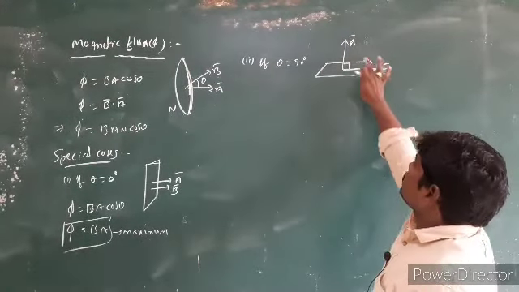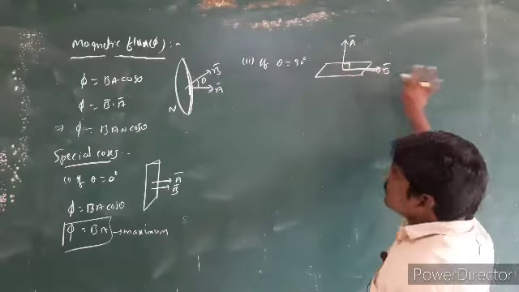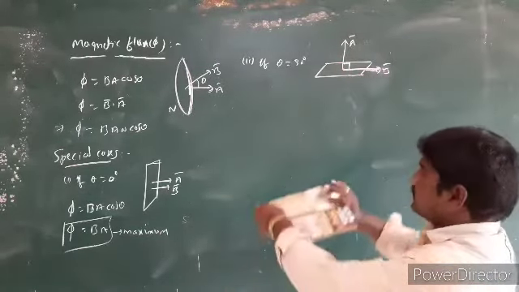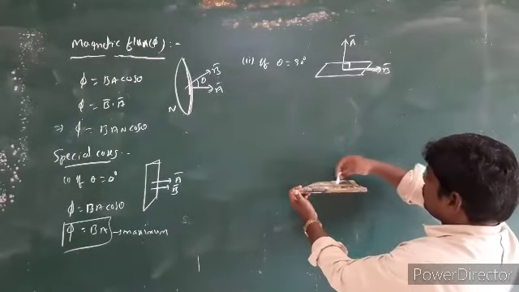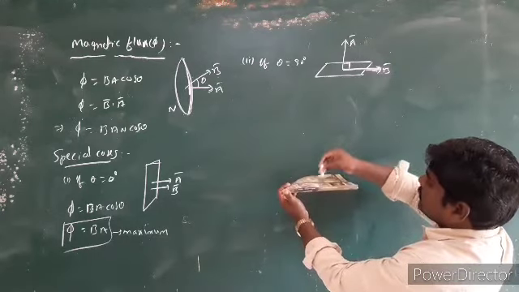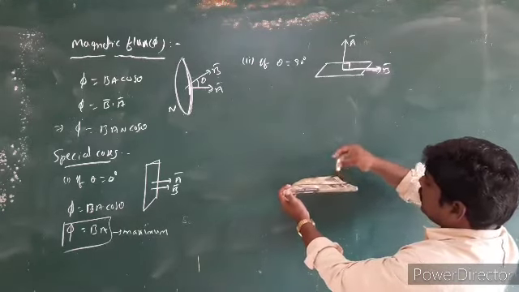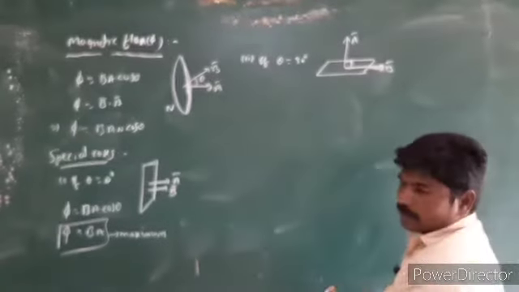Nothing but the magnetic field is perpendicular to the area vector, means the magnetic field is parallel to the surface, the plane of the coil, like this. The area vector is always perpendicular to the surface. Now the magnetic field is parallel to the plane of the coil, the area vector is perpendicular to the plane of the coil. Then theta value is 90 degrees.